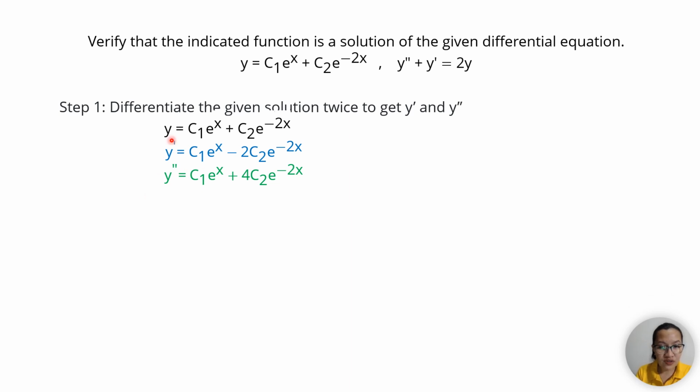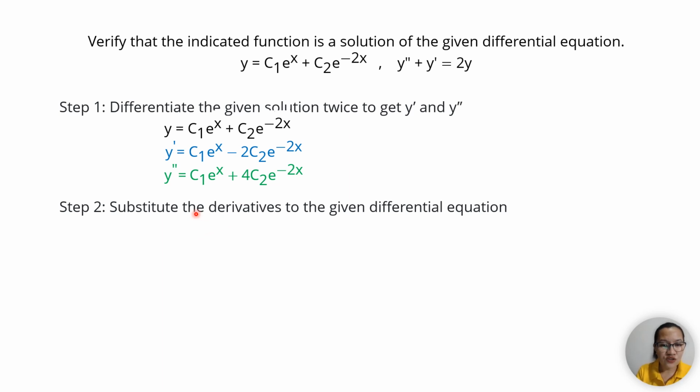So now we have y to be substituted in the differential equation, and we also have y prime and y double prime. The next step would be to substitute these into our DE. So substitute the derivatives to the given differential equation, y double prime plus y prime equals 2y.